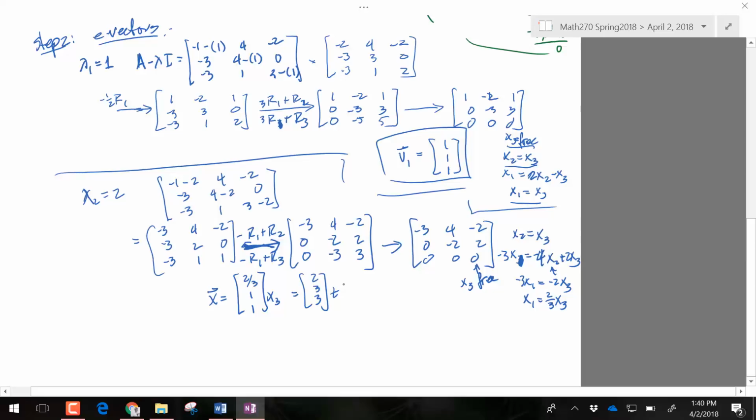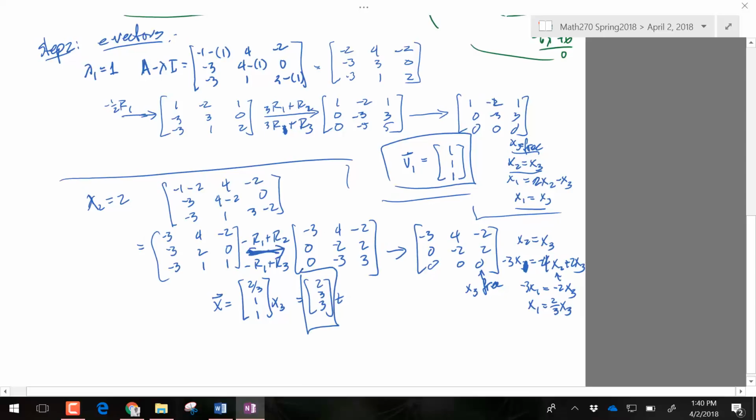If you replace x3 with another parameter, so that's like 3 times x3 or something, then you can just use this as your eigenvector. So we'll say v2 is equal to 2, 3, 3.